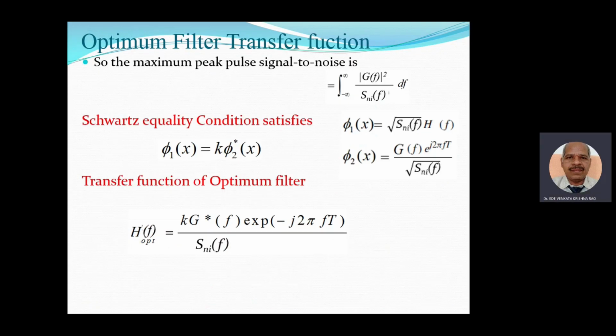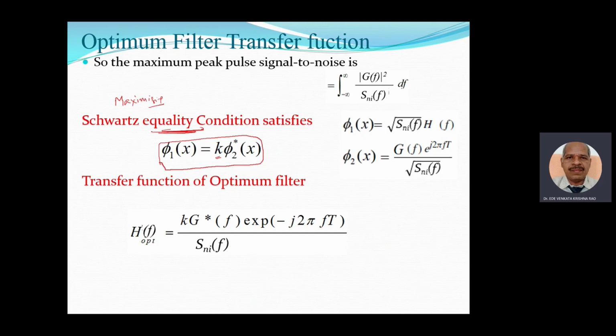So for maximizing the SNR, the equality condition is another one in the Schwarz condition. The equality condition is satisfied when the complex function phi 1 of x equals a constant times the conjugate of the second function phi 2 of x. Already we considered phi 1 of x as this and phi 2 of x as this.